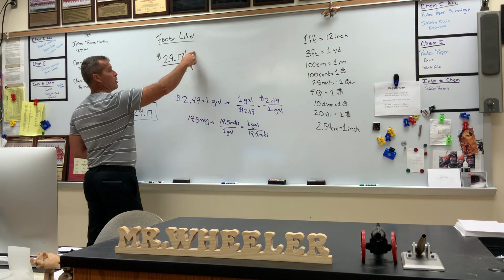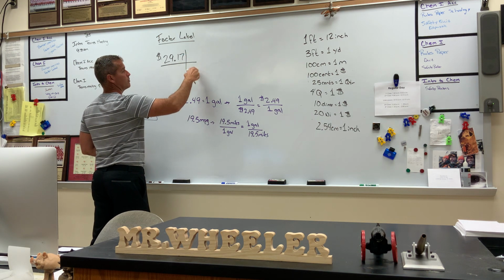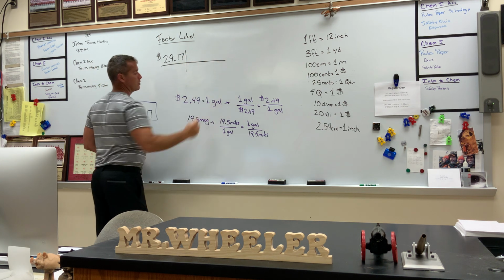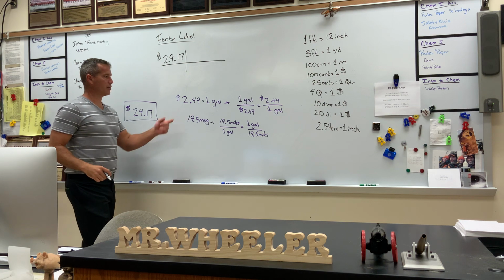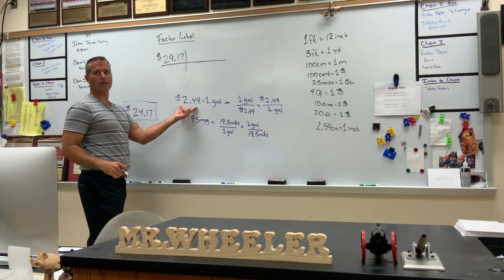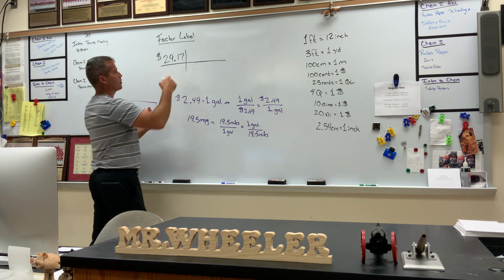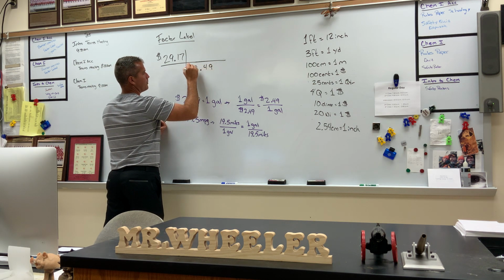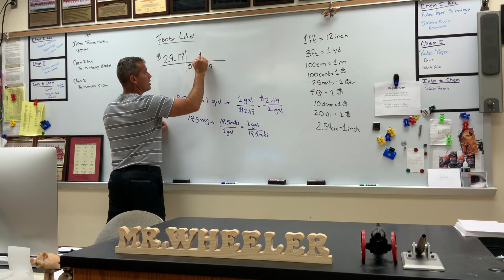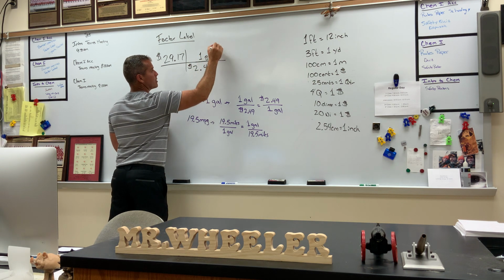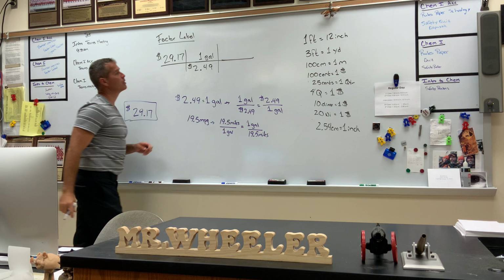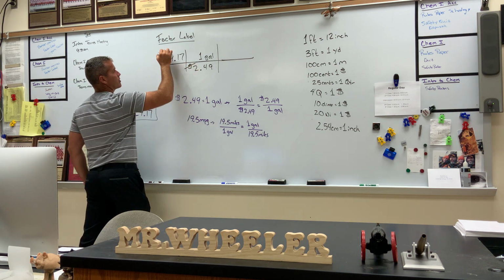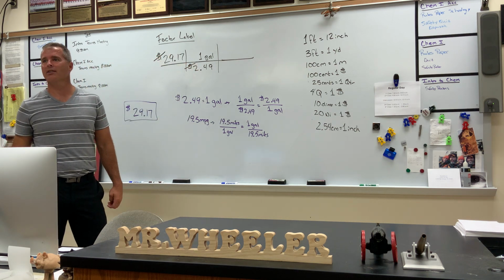So what goes where? Does $2.49 go on top or bottom? The money will cancel out. So for every $2.49, I would get 1 gallon of gas. Money's taken care of, it's crossed out. I didn't ask for gallons, I asked for miles.